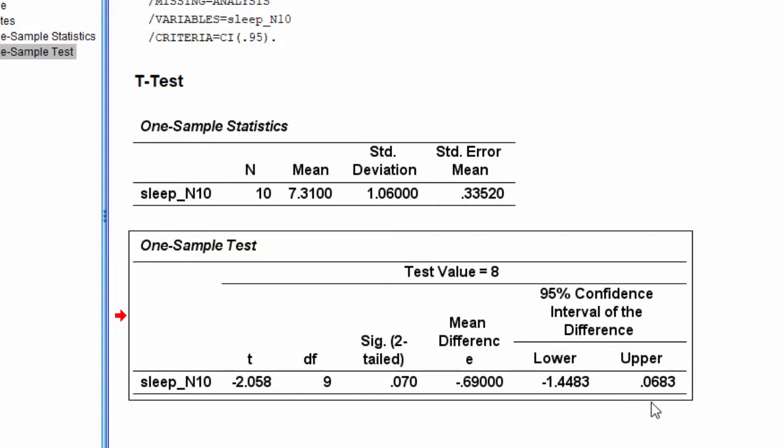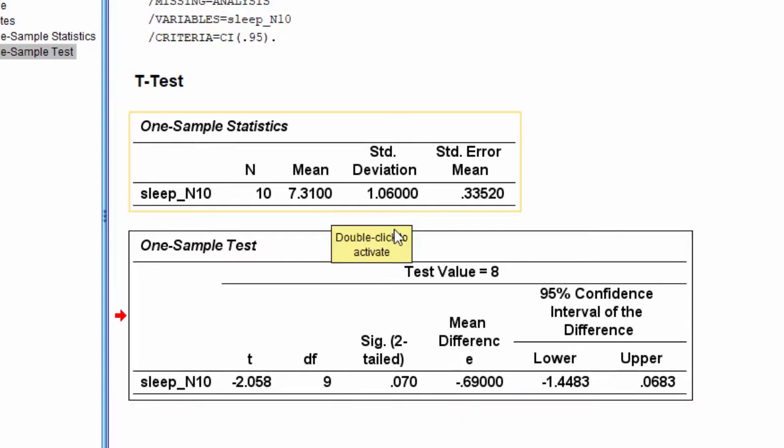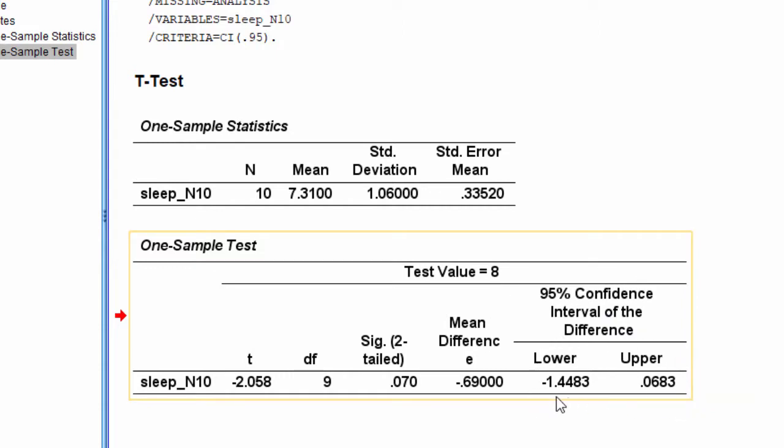Now finally, here are the 95% confidence intervals associated with the one sample t-test. And this is telling me that the mean difference, this is the point estimate here, of negative 0.69, which is the difference between this mean and the test value of 8. The 95% confidence intervals associated with that mean difference is negative 1.45 rounded with an upper bound of 0.07.